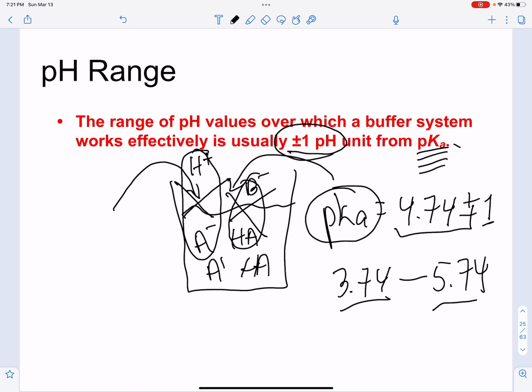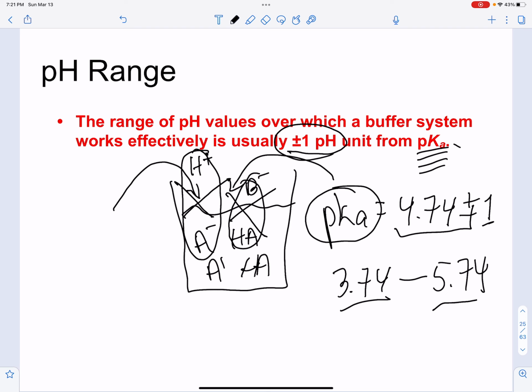So it's a basic concept. If you know the equilibrium constant of the acid, you can change it to the pKa, and then plus or minus 1 unit is the range where this buffer is going to be able to prevent the pH from changing drastically.